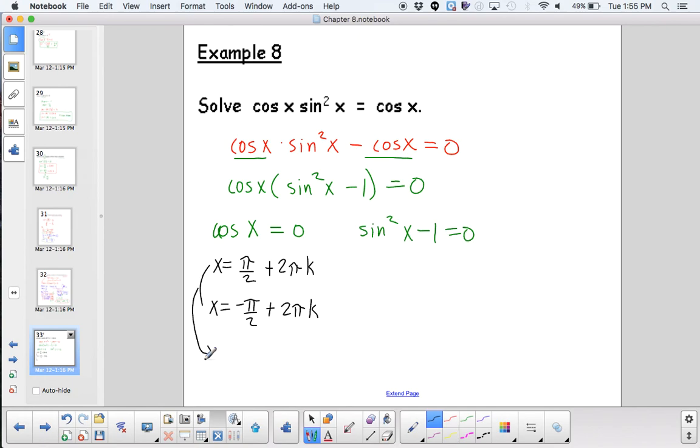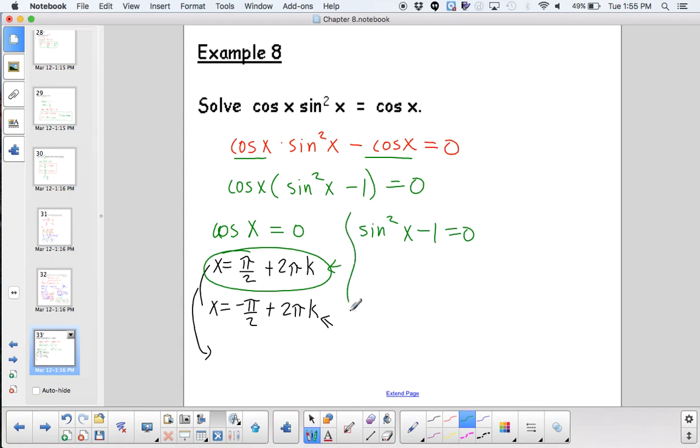So it's fine to just use pi over 2 plus pi k to represent both of them. As k changes, you'll get the same values using both of the equations. So I would probably just end up using this right here so that you're not repetitive. So there's one equation.